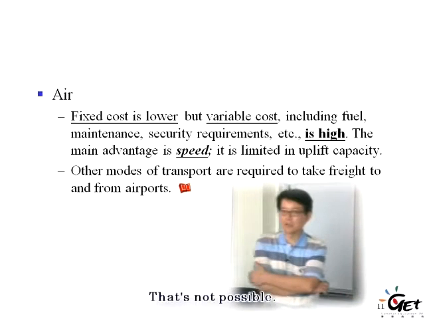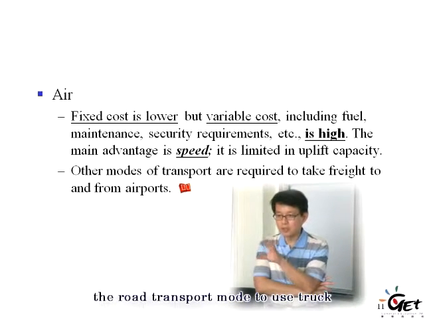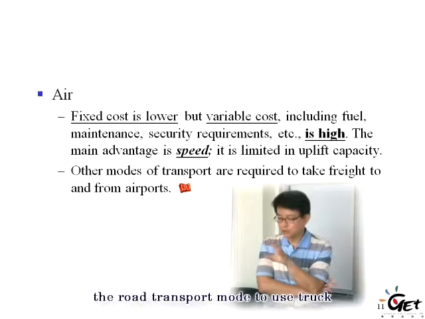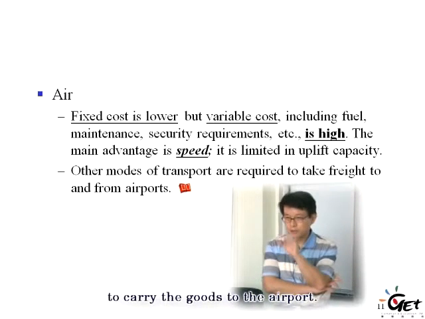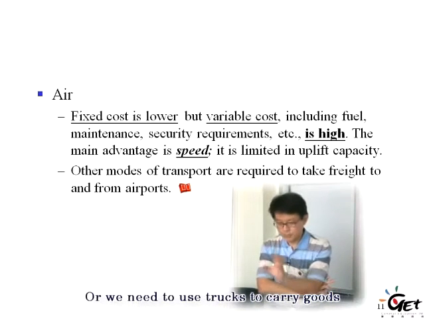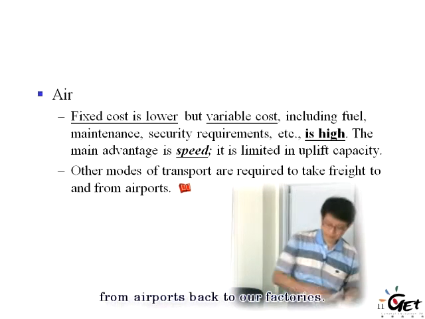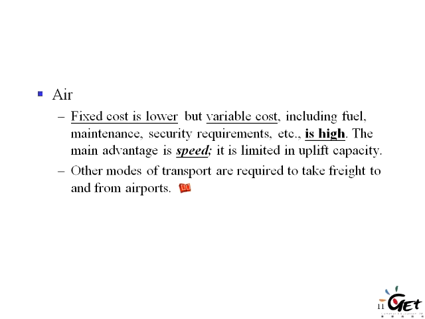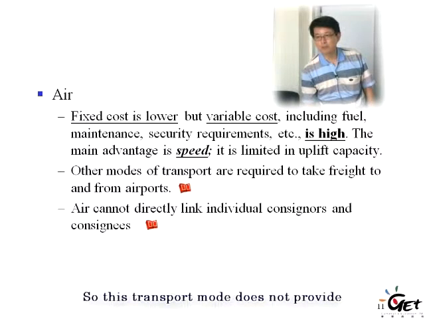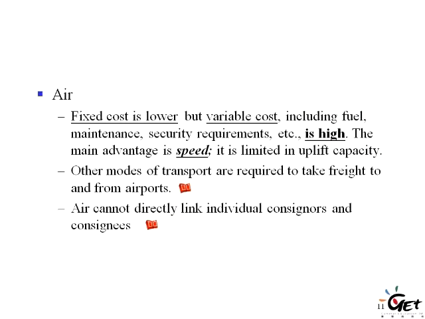That's not possible. So we need, for example, road transport modes. We have to use trucks to carry goods to the airport, or from the airport back to our factory sites. So this transport mode does not provide direct links between consigners and consignees. Typically, we have to use road transport together with this.